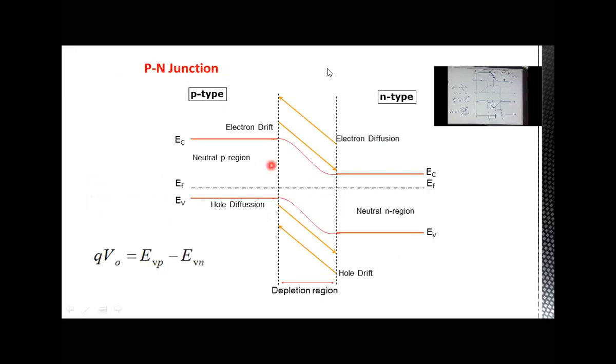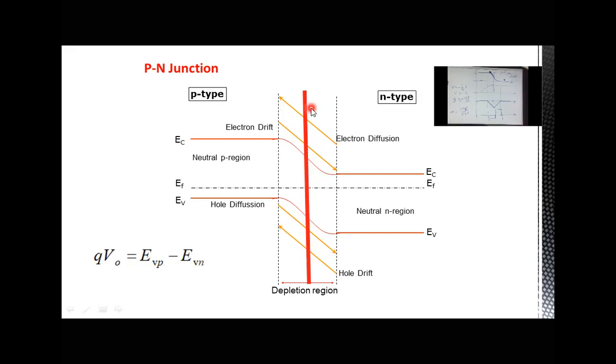So let me return back to the example. Again, this is the border. This is the n type, and this is the p type, and the red line is the border. We will call this region XP. What is XP?